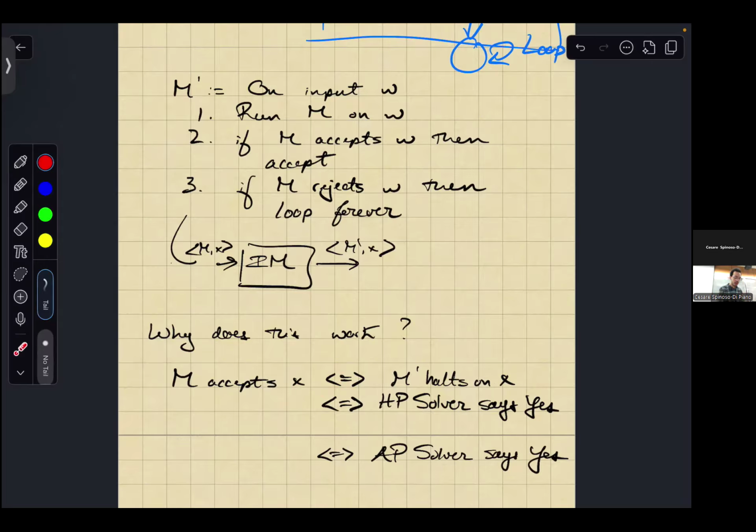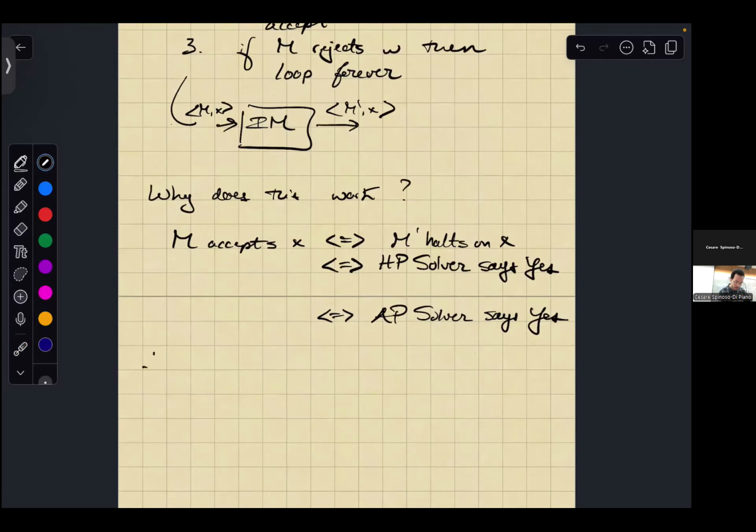So I've created an AP solver from an HP solver, which therefore means that I have the reduction AP to HP. And so since AP is undecidable because it was shown in class, this implies that HP is undecidable.